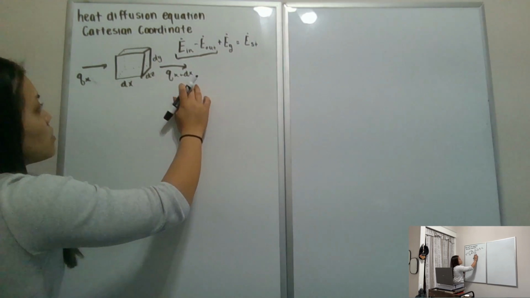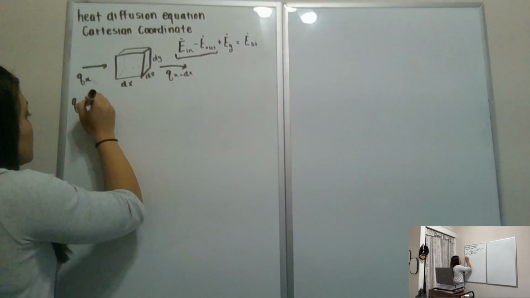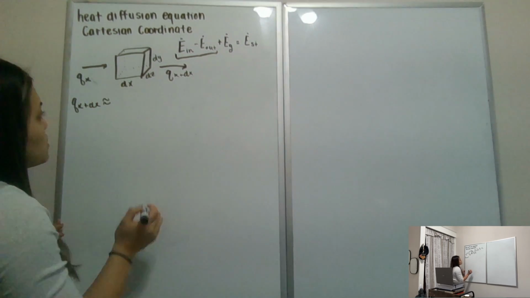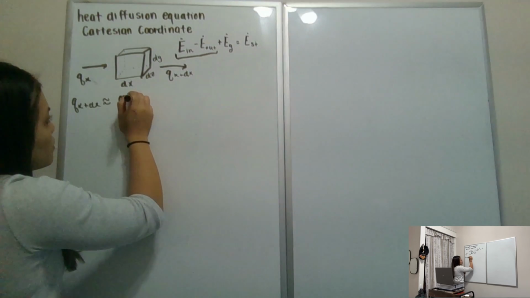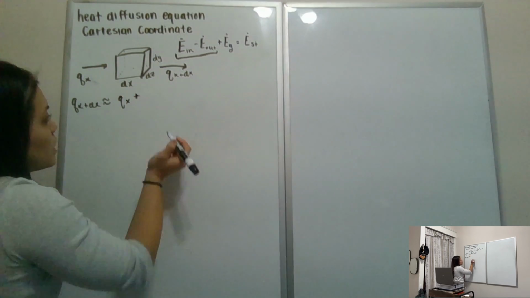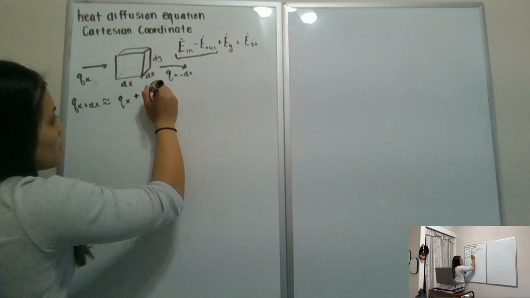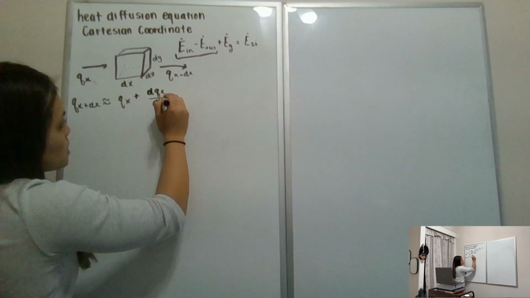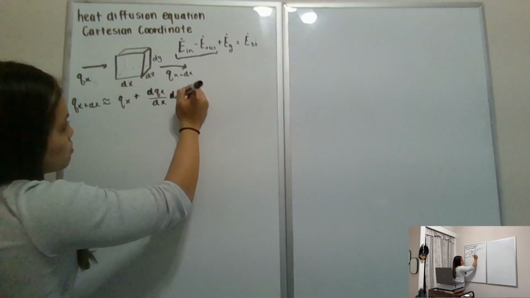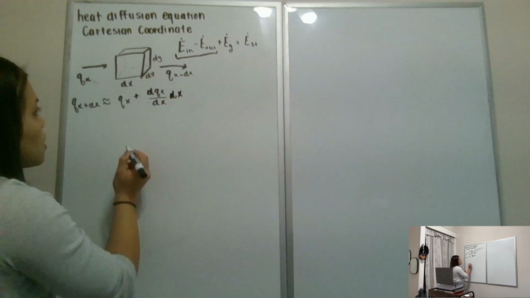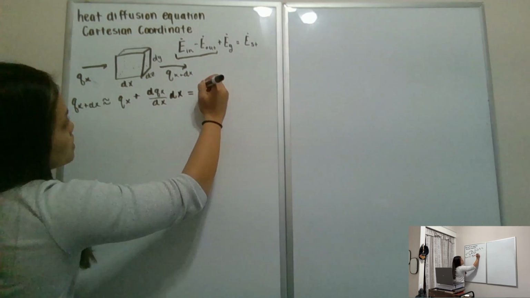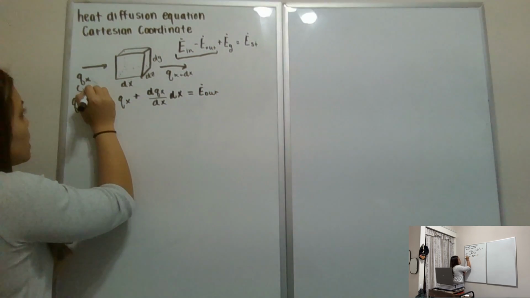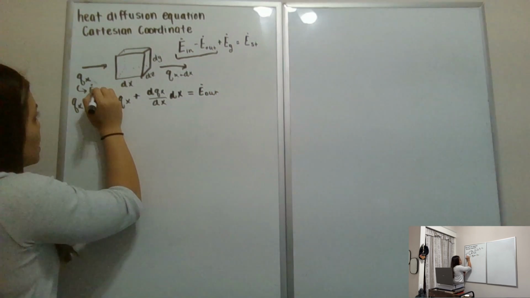So if we first approximate the flow going out, the linear approximation would be the flow going in plus the heat flux with respect to x times the actual movement in the x direction. And so this is the energy going out, and this would be the energy going in.